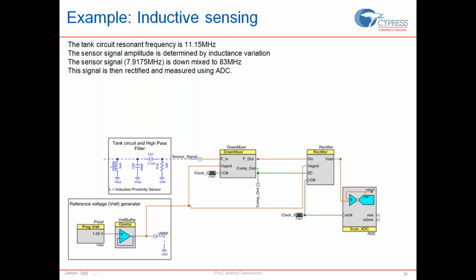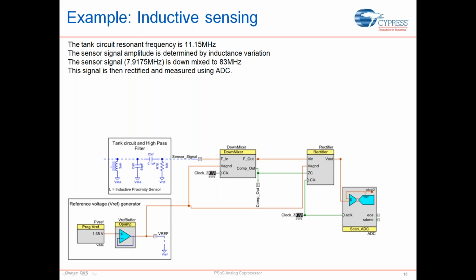So that's what is determining my resonant frequency, which is 11.15 megahertz. If I were to change my inductance from 3 microhenry to another value, it's going to move my resonant frequency away, meaning it's going to move it higher than 11.15 megahertz.